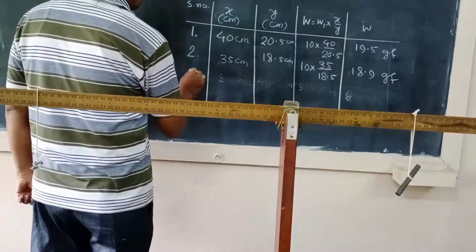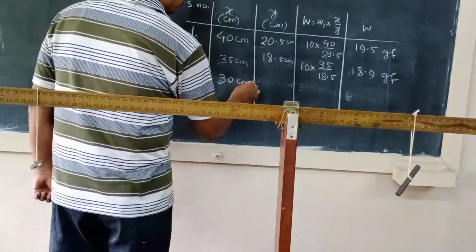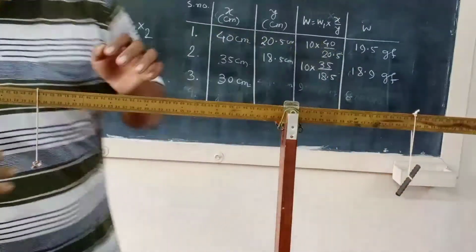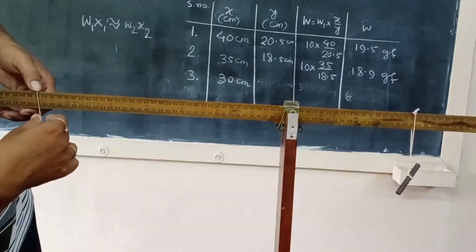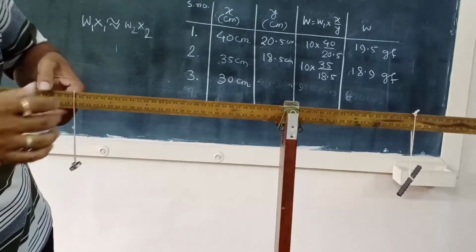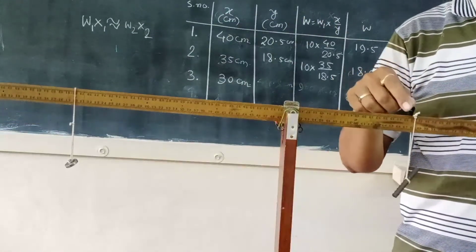Now we take the third observation, at 30 centimeter. So we are fixing it at 20. Now we have to adjust it.